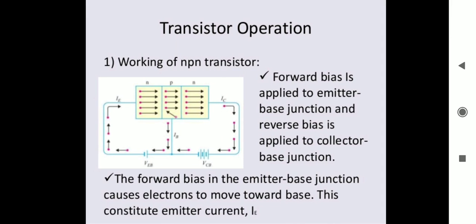Thus the NPN transistor is biased to operate in its forward active region. Hence the width of the depletion region for base to emitter junction is very small, but that at the collector to base junction is large.